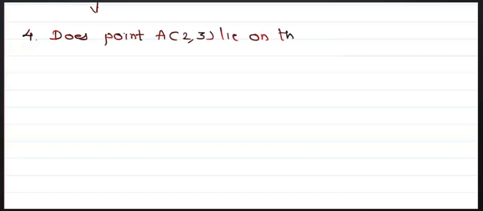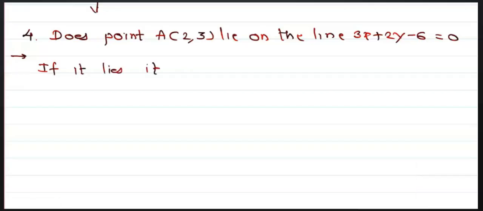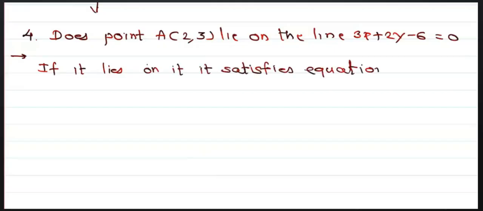X coordinate was constant. Does the point A(2, 3) lie on the line? If this point lies on this line, then it satisfies the equation of the line. It is a simple question. See this answer. If it lies on it, it satisfies the equation of the line.